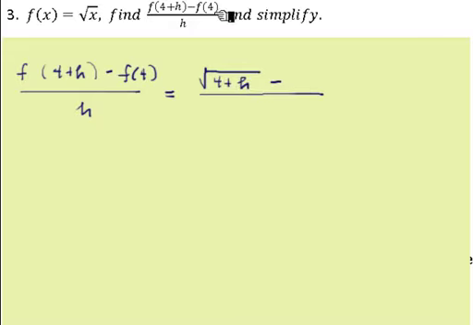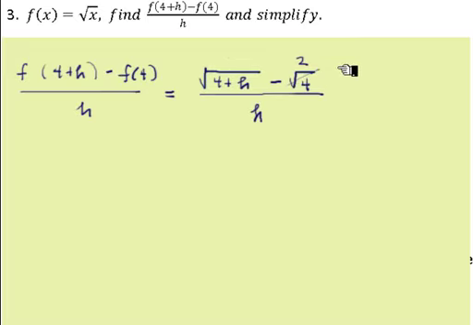Here we have the square root of 4. All right, that's equal to 2. Now, usually in order to simplify, we want to end up dividing or canceling an h from the numerator and denominator, like we did in the previous examples.